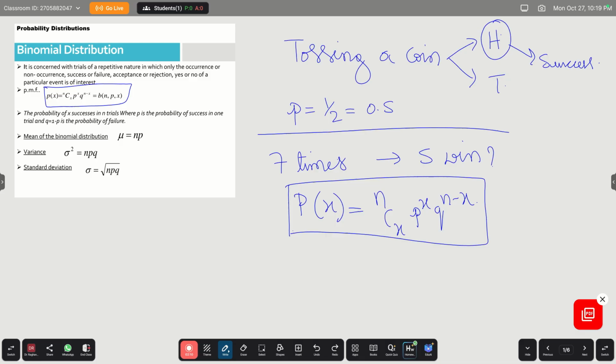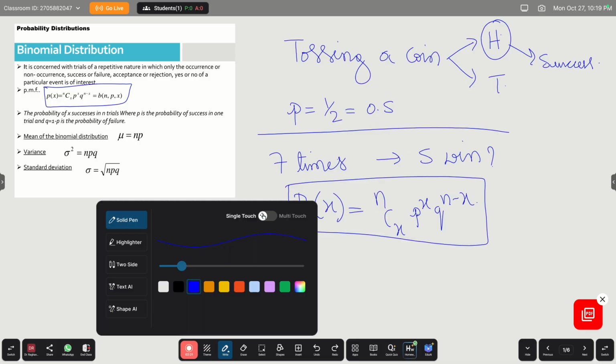So this is the probability mass function of binomial distribution. This will give you the probability of exactly x successes out of n trials. So if we do an experiment n times, and I want to calculate the probability of x successes, then I can use this. So in our example, we are tossing the coin 7 times.